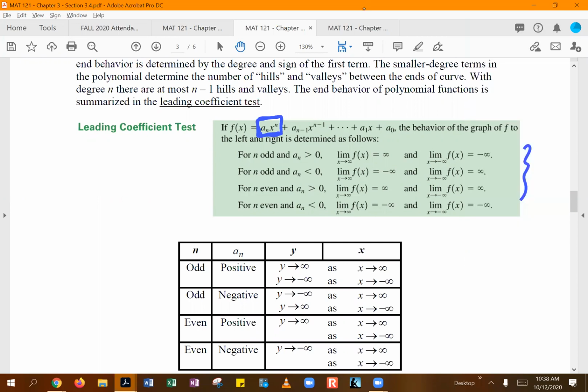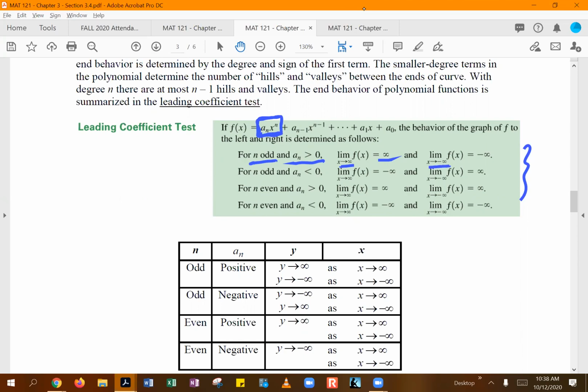So if your polynomial is an odd function, so a first degree polynomial, third degree polynomial, fifth degree polynomial, any of those odd numbers, and your leading coefficient is a positive number, then when your x is going to positive infinity, your y value or your function is also going to positive infinity.